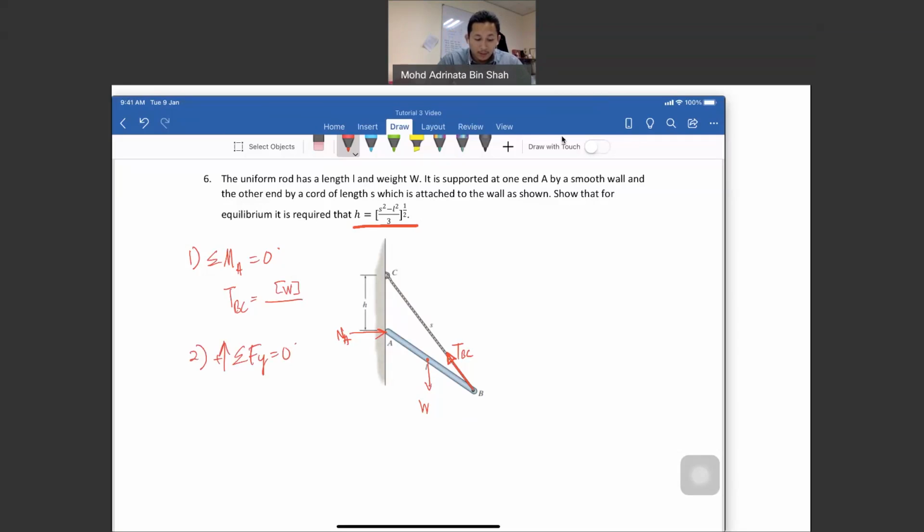Then from the triangle, you need to use sine law, using theta here.